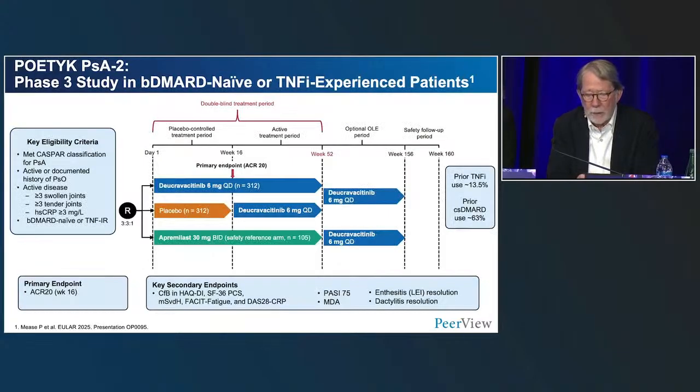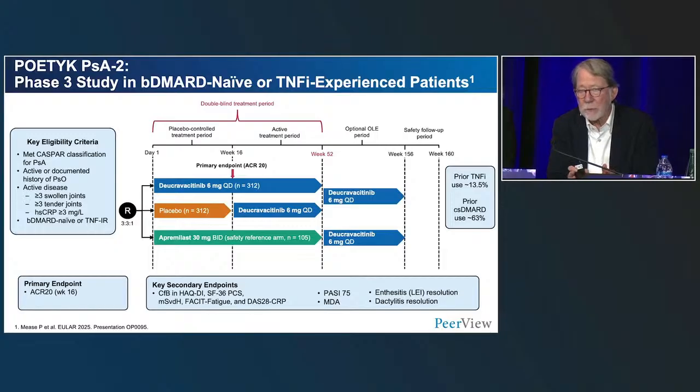Here is the schema for POETYK PsA-2. This is a trial in which 13% of the patients had been previously exposed to a TNF inhibitor, and about 2/3 of the patients were on a prior csDMARD and continued that as background during the course of the study.